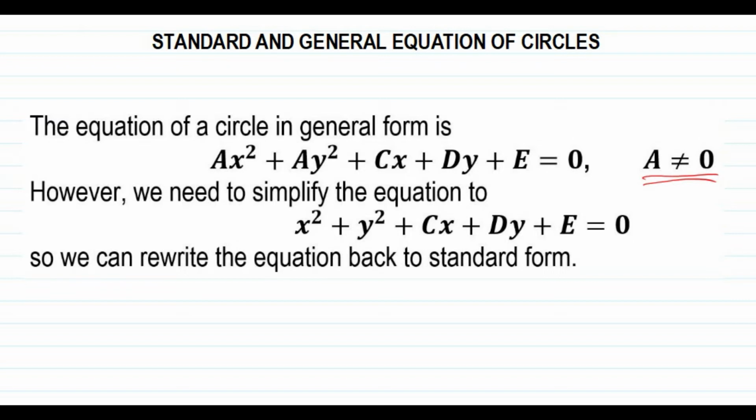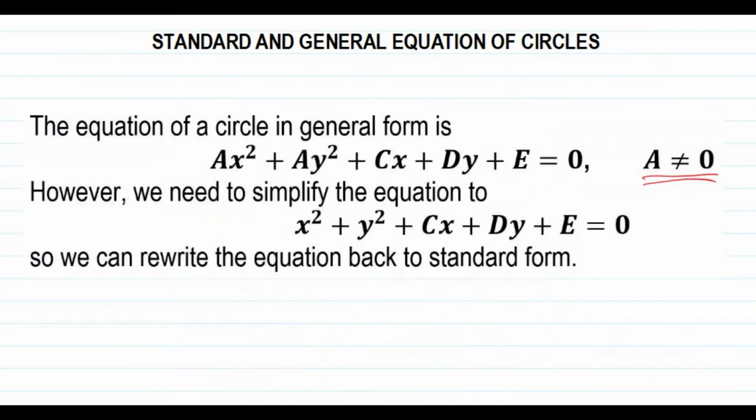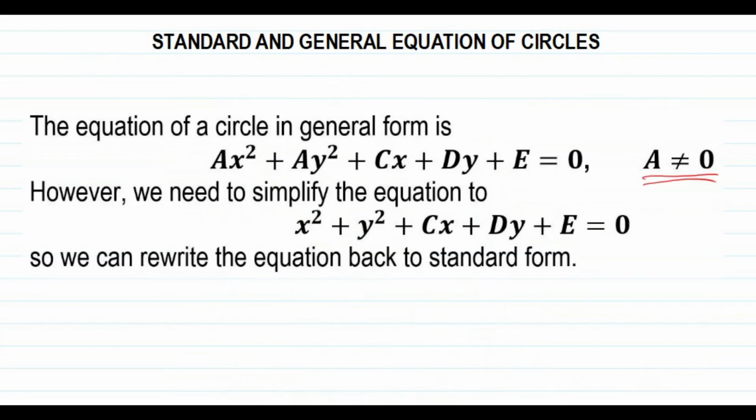So, mapapansin niyo kanina, babalikan natin yung isang slide. This is x squared. This is y squared. This is cx. This is dy. This is the constant and equated to 0.